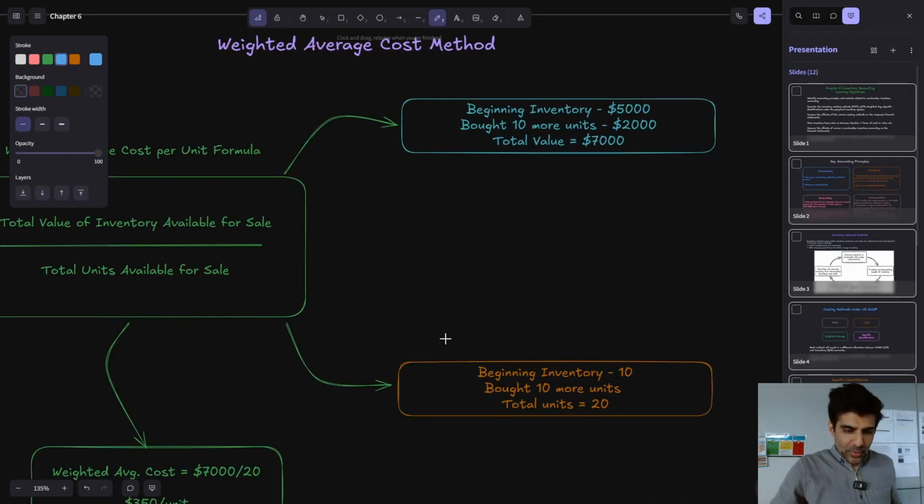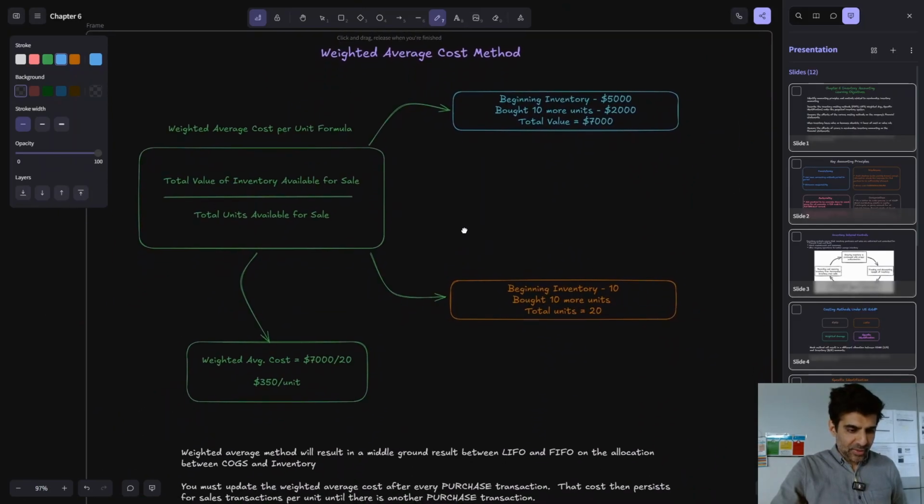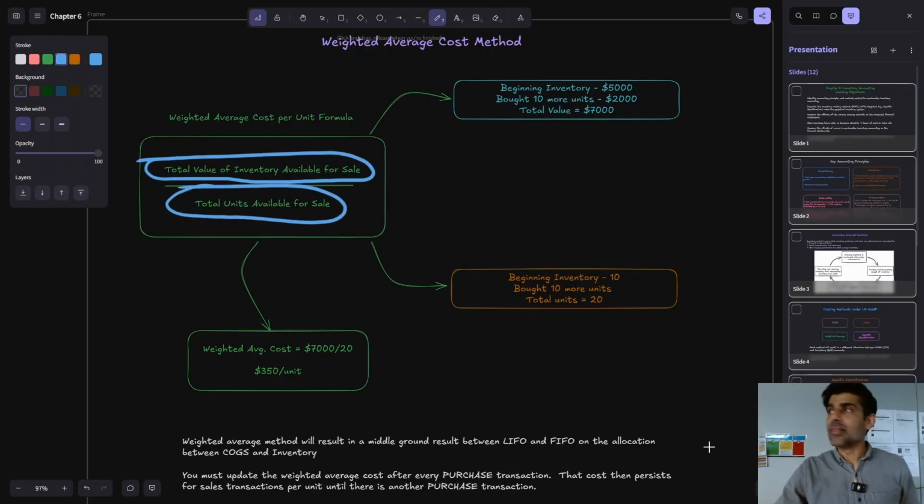Just to make sure everyone understands, the weighted average formula is the total value of the inventory divided by the total number of units. And again, this causes the weighting to be towards the cost that has the most units, because that's going to skew the total value of the inventory.